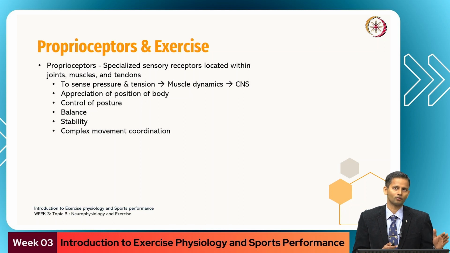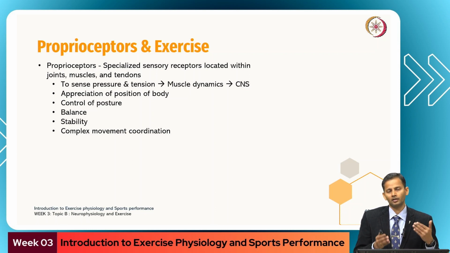Another important concept, which is coming up in a big way in terms of injury prevention as well as rehabilitation, is the role of proprioceptors in exercise and sports. Proprioceptors are specialized sensory receptors located within the joints, muscles, and tendons. Their main function is to sense position, the kinesthetic aspect, pressure and tension, and muscle dynamics, and relay them to the central nervous system.